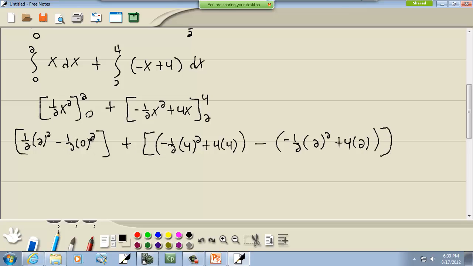This is 0 squared is 0 times 1/2 is 0, so that drops away. 2 squared is 4 times 1/2 is 2. 4 squared is 16 times 1/2 is 8, so that's negative 8 plus 16 minus 2 squared is 4 times 1/2 is 2, so that's a negative 2 plus 8.